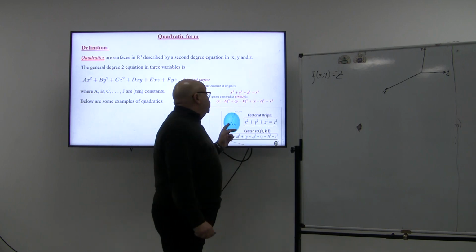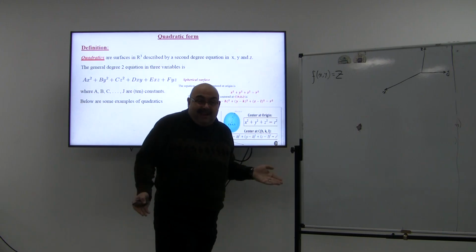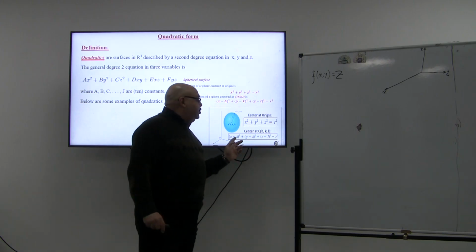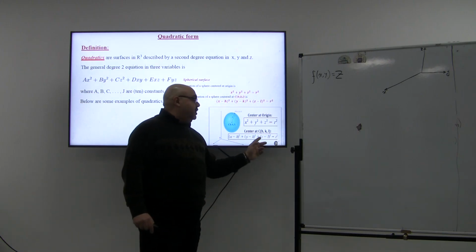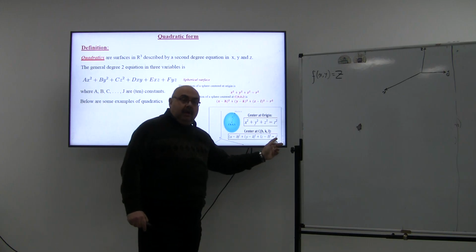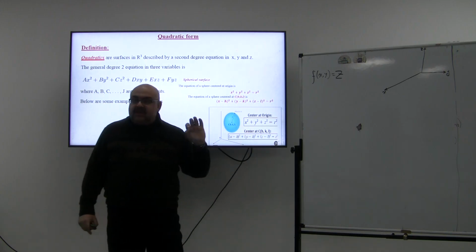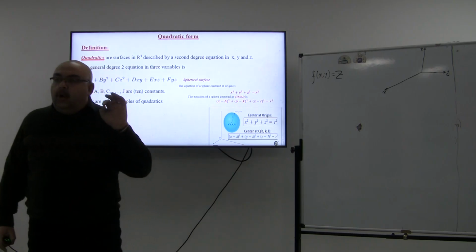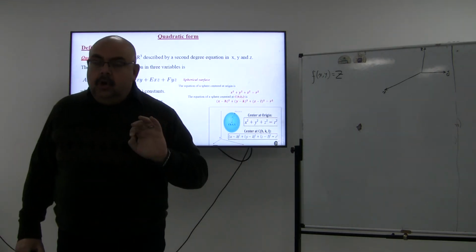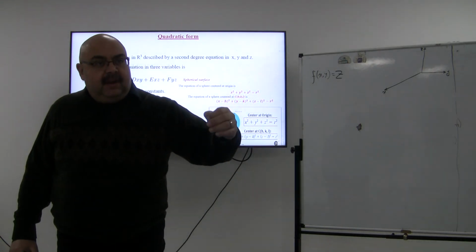If the center is not the origin, for example h, k, and l, then it's going to be x minus h to the power of 2, plus y minus k to the power of 2, plus z minus l to the power of 2 equal r squared. Of course, the center of the new sphere is h, k, and l.